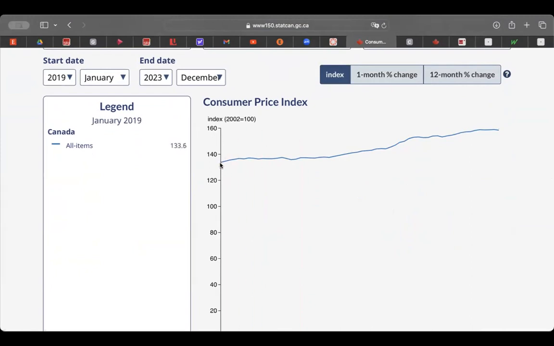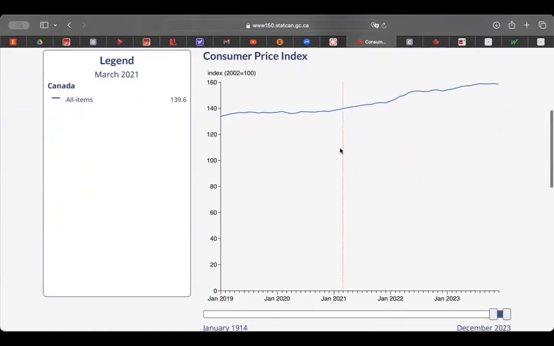You can also see it's kind of hard to read here what's going on. If you look at it, it all seems pretty flat. All you can see is there's been about a 40% increase in prices between 2002 and 2021. And if you look at the last point, now you see it's been a 58% increase.